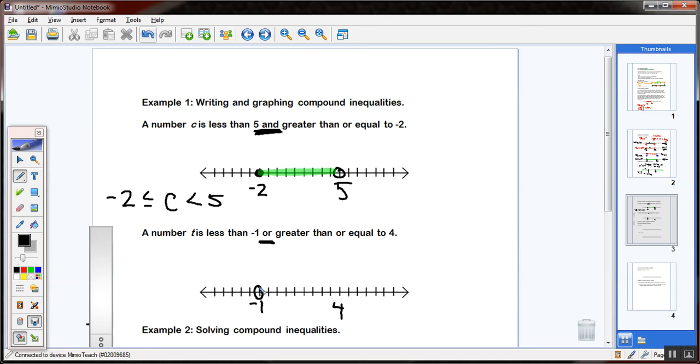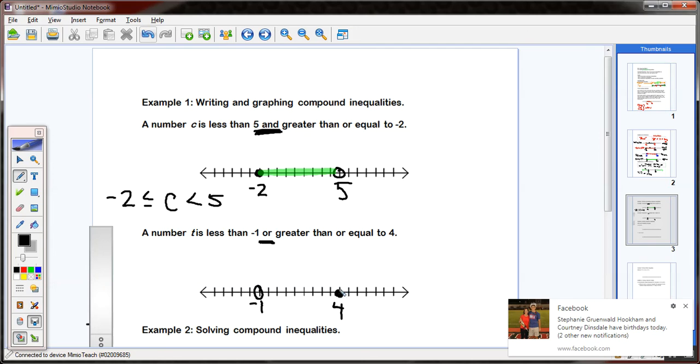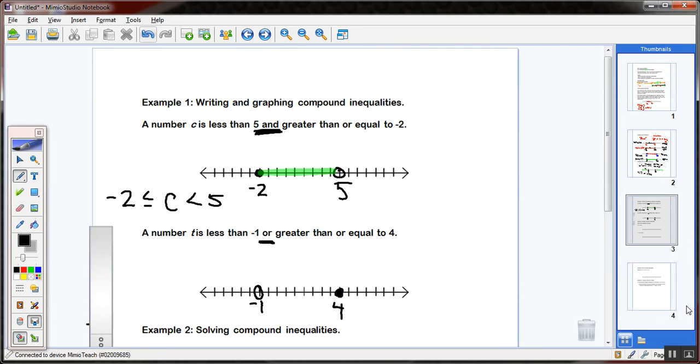Closed. Okay. So since we use that conjunction or to describe two inequalities right here, am I going to have an interval shaded or am I going to have whiskers shaded? Yep. Boom and bloom.